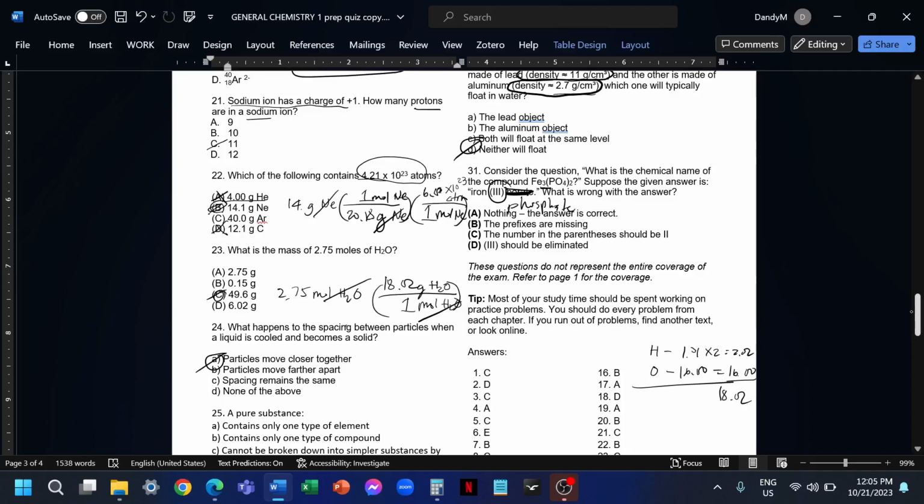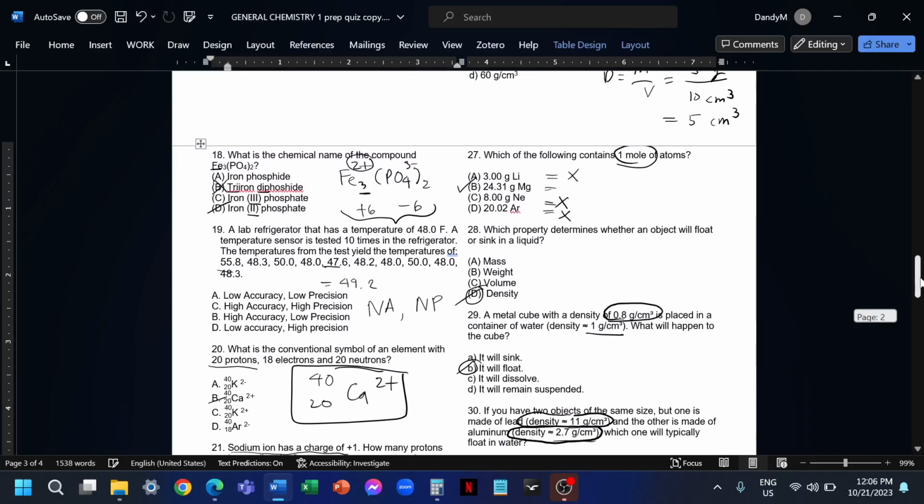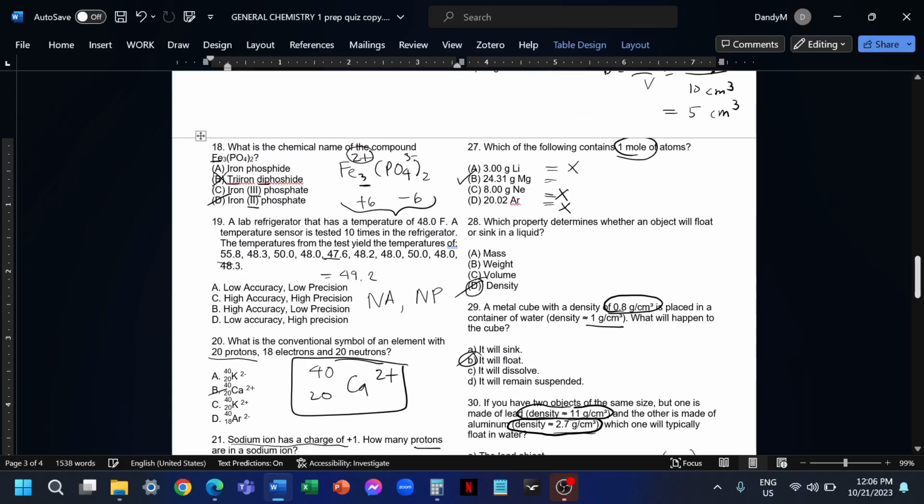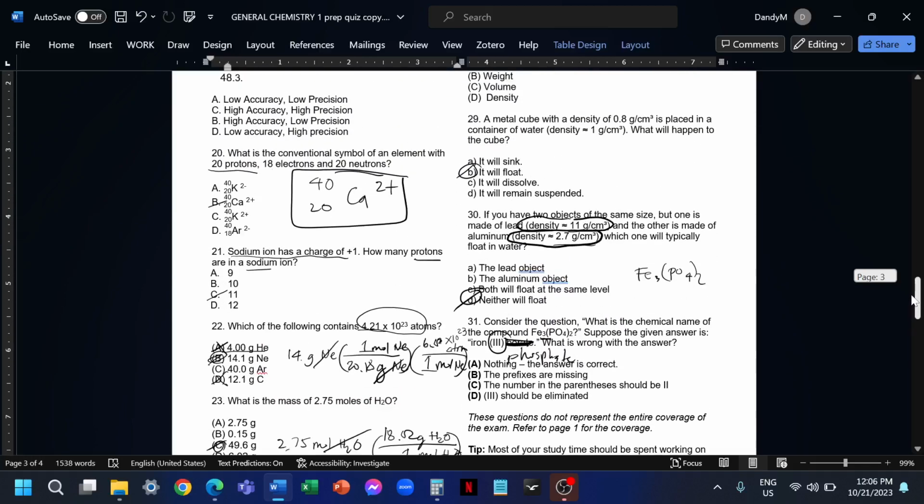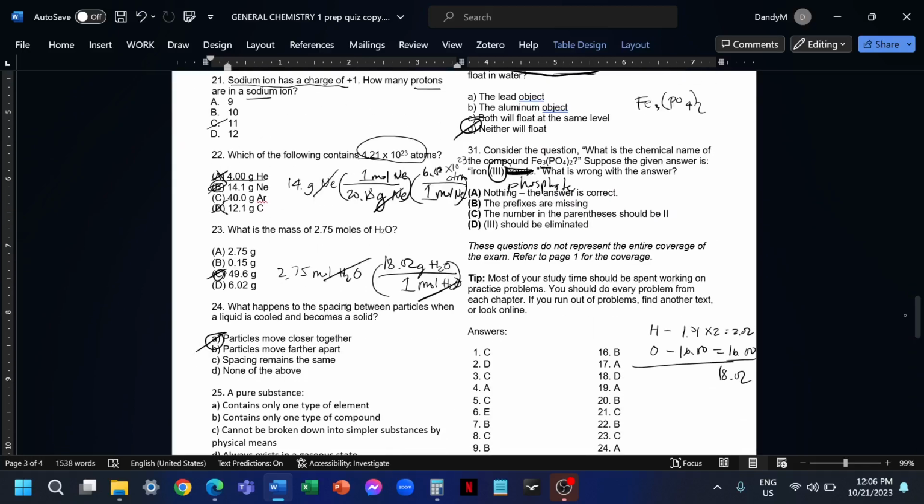So in this case, we need to check first if this is 3 on this compound. Again, we have Fe3(PO4)2. We have seen this one earlier. So the answer for this must be iron 2 phosphate, number 18, right? So number 18, this one must be iron 2 phosphate.